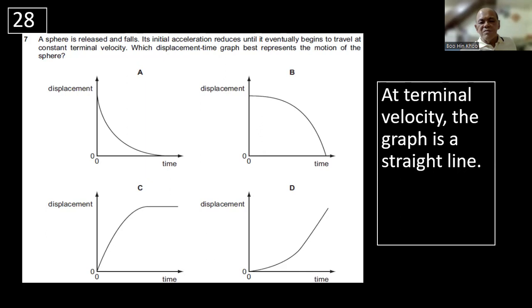Right? At terminal velocity, the graph is a straight line. Here doesn't have any part that is a straight line. This part is a straight line, that's not. So this is a velocity-time graph. Right? Displacement-time graph, remember, with no air resistance, it's a parabola, going to go that way. Right? So there is a straight line. Answer is D.